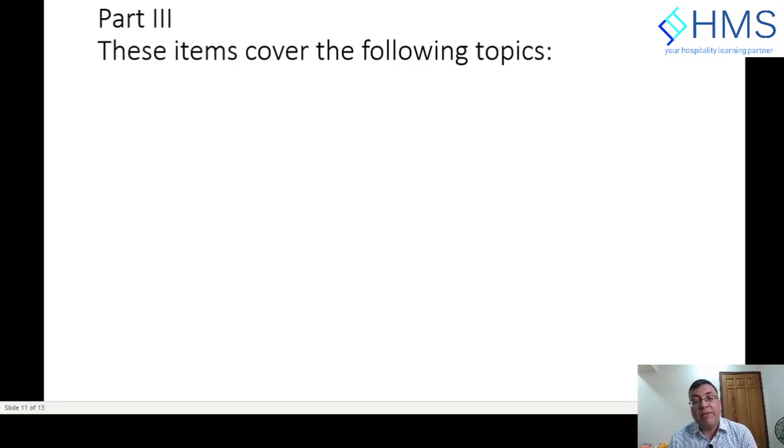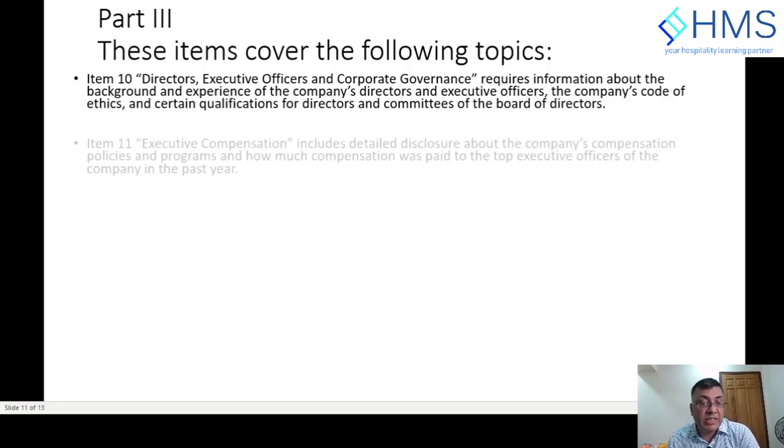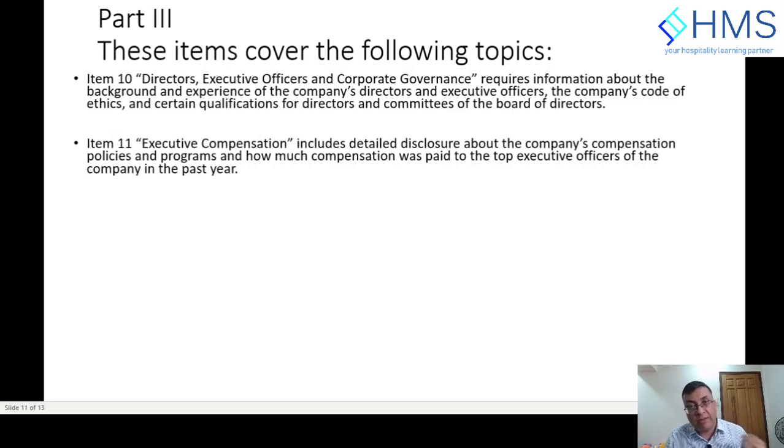Now Part 3 will cover information about the directors, the officers, and corporate governance. Usually this part is not that useful in analyzing the financial statements because it's more on corporate governance. If you are doing due diligence about the company, if you are trying to assess who the directors are and what they are getting, then you can go to this data, but otherwise you usually will not need to go into these details because that's not really important.